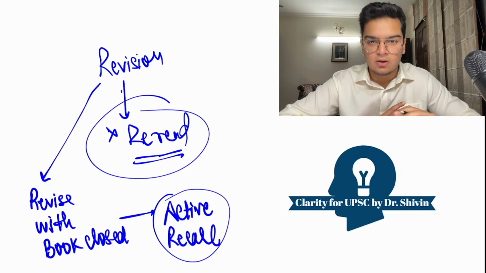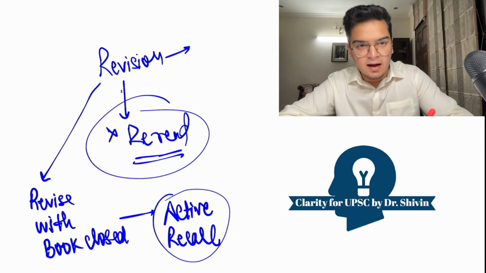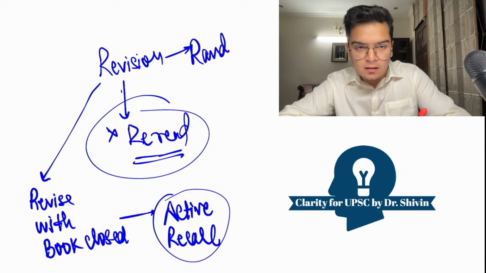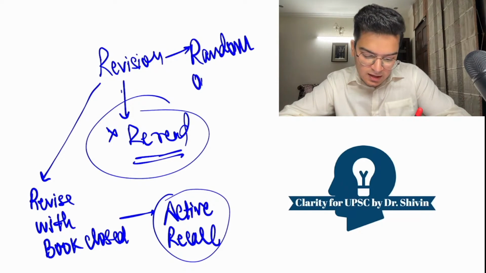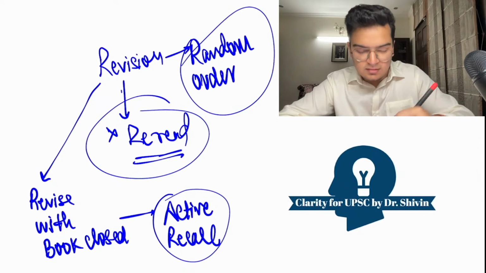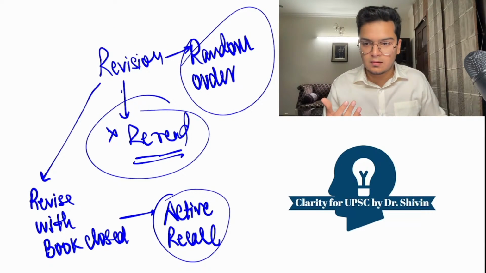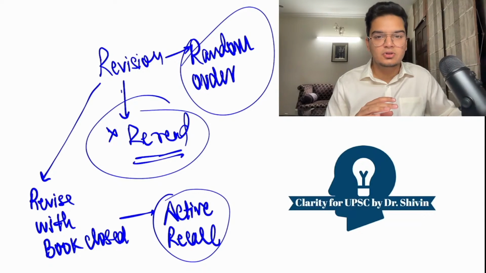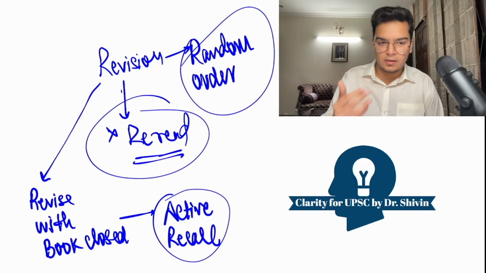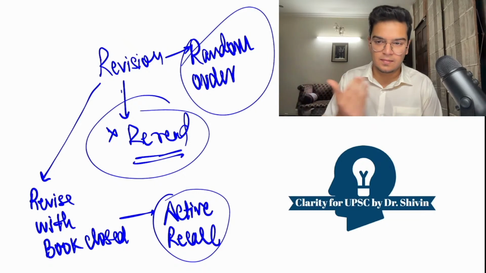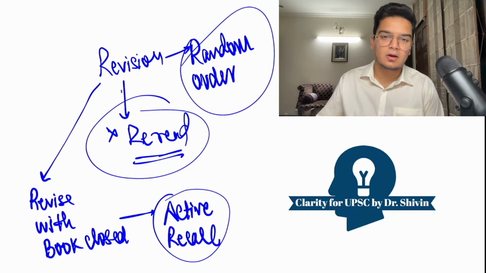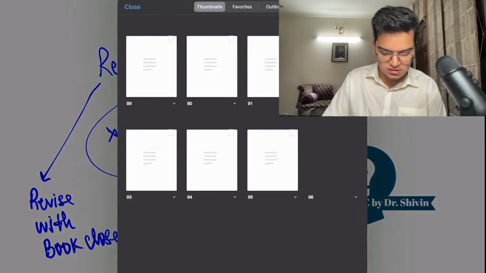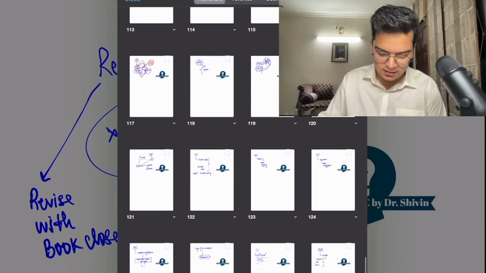This is how active recall is done, and revise in a random order. This was the first session, that is why I've ensured that it's not the most difficult one, right? It's not the most difficult one, but from now on I'll ensure that we do the questions that are more difficult than this, right? Okay, so now let us look at the questions that we had, and then we'll look at the answers.